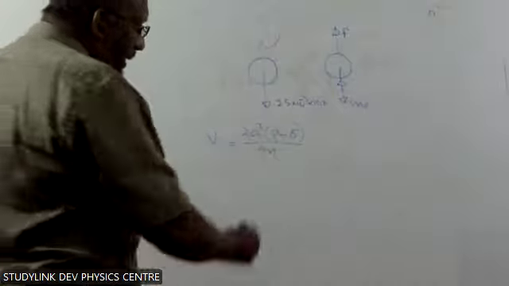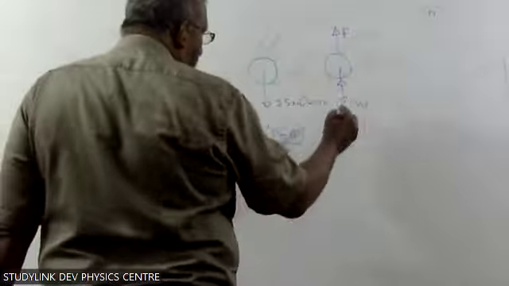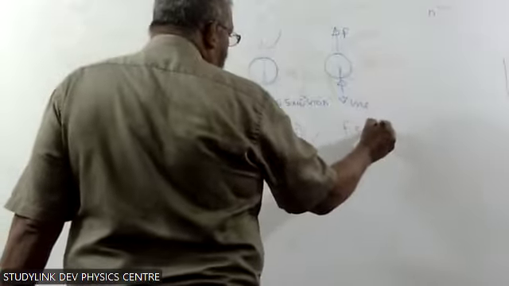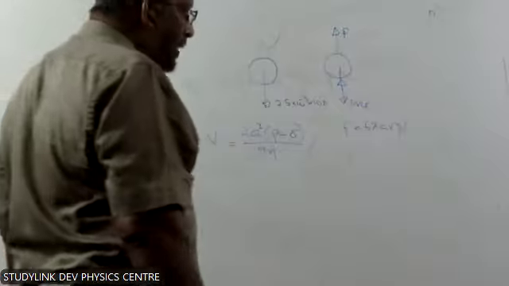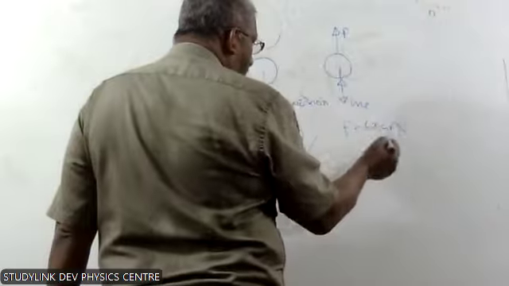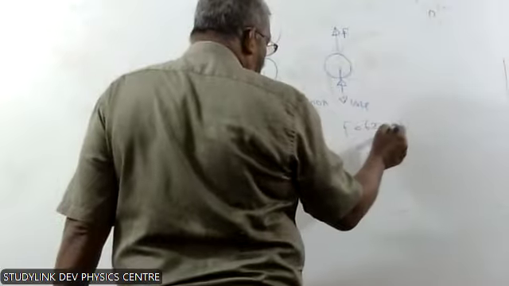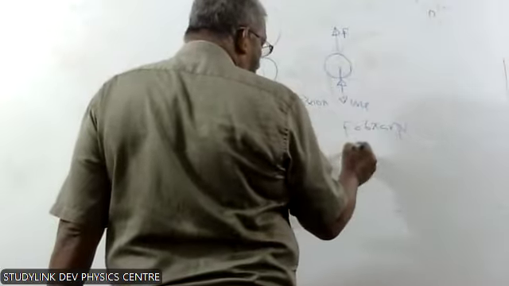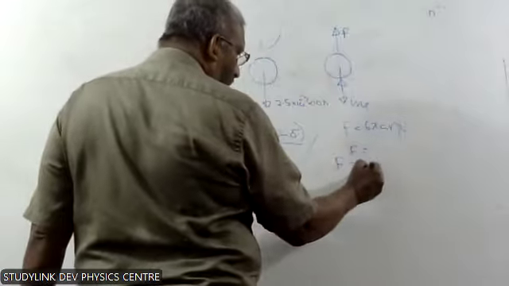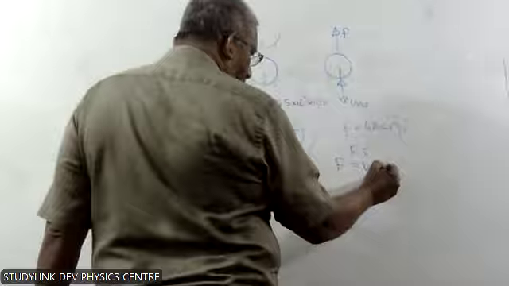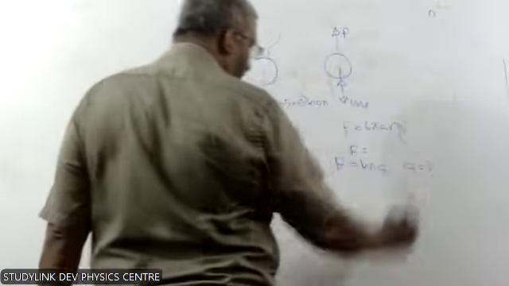Some students might use F equals 6π a eta v. Then v, eta, all are given, so you can find F. After that, m is known, then you can apply F equals ma. From there, you can find a.